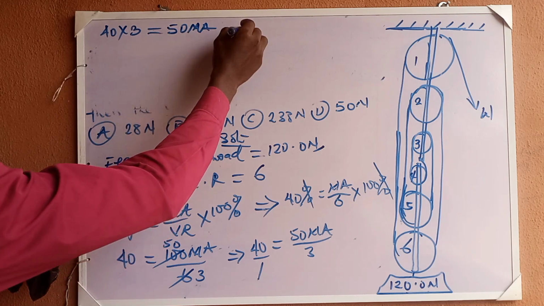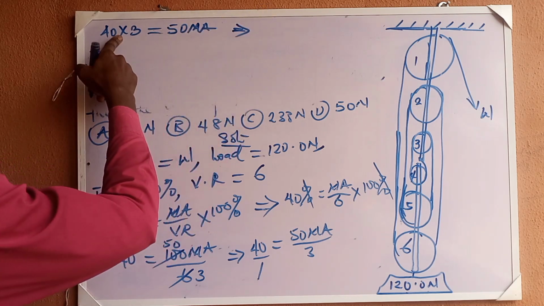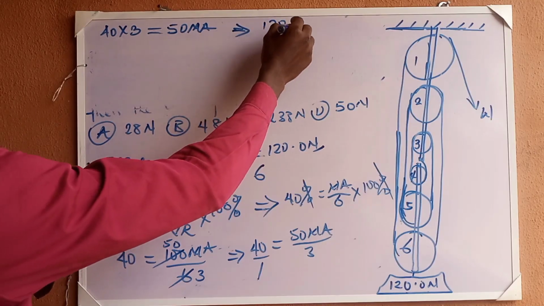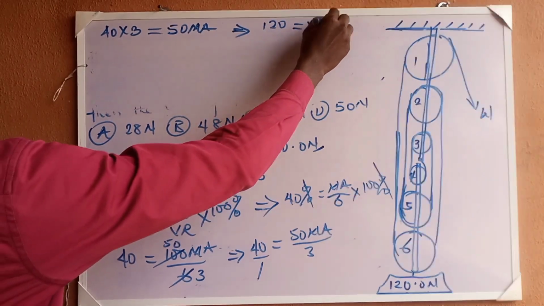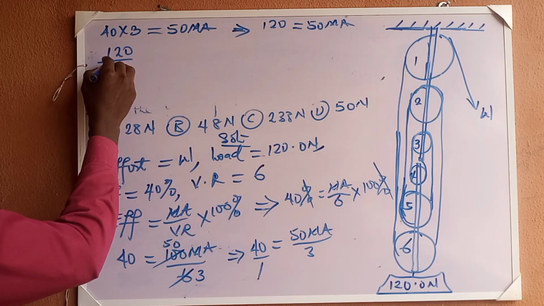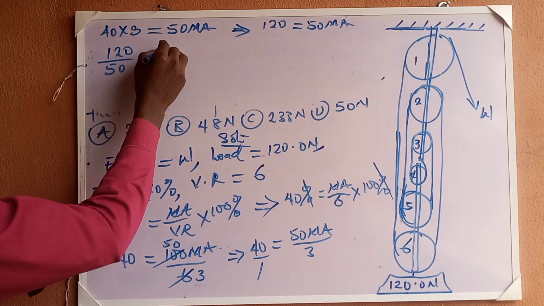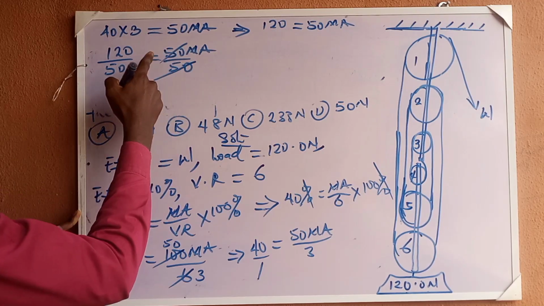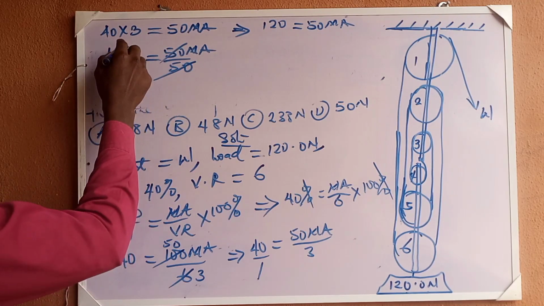So at this point, I'm going to divide both sides. 40 by 3 should give us 120. So we have 120 equals 50 MA. So I'm going to divide both sides by 50. So 120 over 50 equals 50 MA over 50. This 50 goes with this 50. All right, and 0 goes with 0.